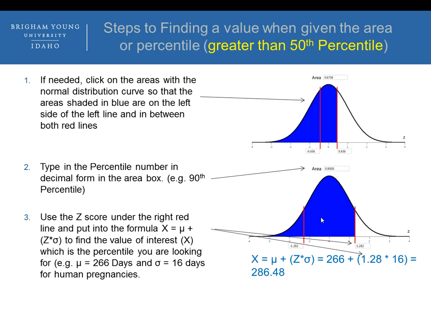Notice that this whole area is shaded, so 90% on the left side of the normal distribution is shaded, and from there we use this z-score, plugging it in here with the mean and standard deviation to get 286.48 days for the 90th percentile of the length of a human pregnancy. That means this pregnancy length is longer than 90% of all pregnancies, but shorter than 10% of all pregnancies.